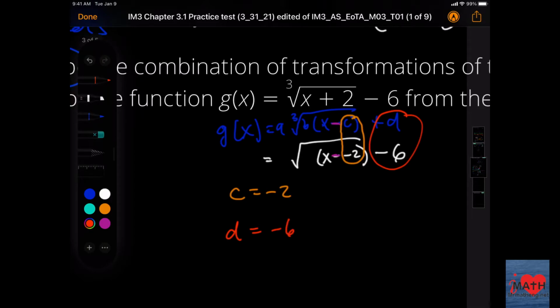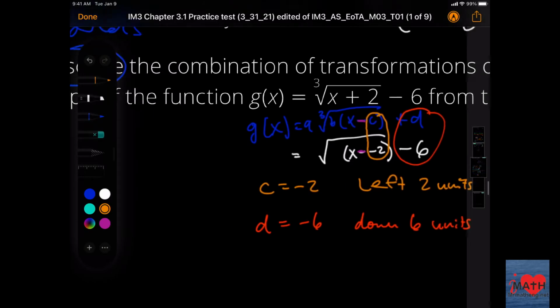With the d value of -6, this means it's going down 6 units. And a c of -2 means you're going to go left 2 units.